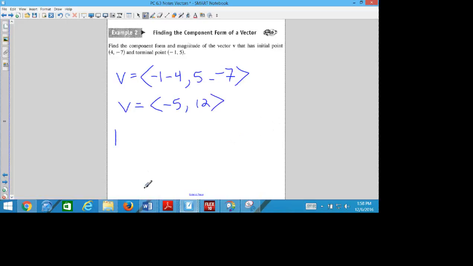The magnitude. Make sure you're using the symbols in your notes so that you can learn what these symbols mean. The magnitude, that's the distance. I'm going to use the shortcut formula that says just take these numbers, square them, add them, square root the answer.